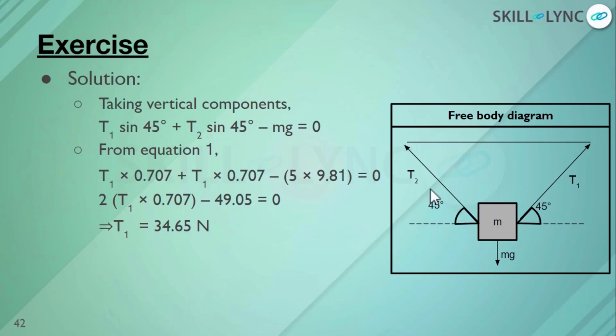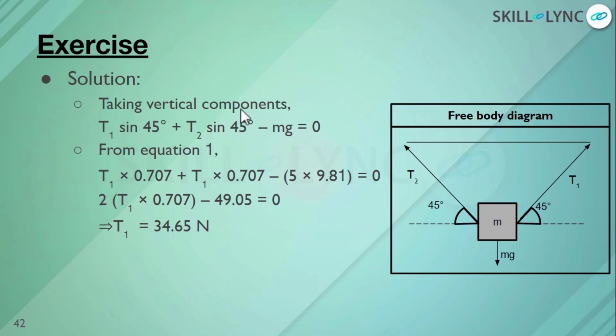Again, consider this. String 2 makes a 45 degree angle with the horizontal axis. If we consider a right angle triangle here, then by applying trigonometry rules, this side would be T2 sin 45 degrees. Similarly, this side would be T1 sin 45 degrees, as string 1 makes a 45 degree angle with the horizontal axis and we are considering this as a right angle triangle.